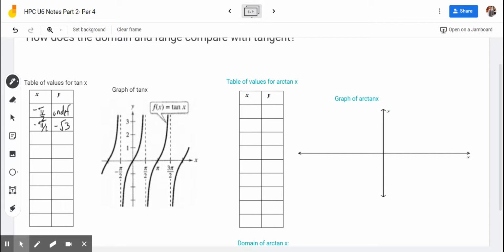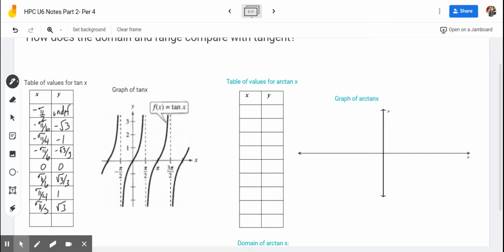negative radical 3, because we're in quadrant 4. Negative pi over 4, negative 1, negative pi over 6, negative radical 3 over 3, 0, 0, pi over 6, radical 3 over 3, pi over 4, 1, pi over 3, radical 3.